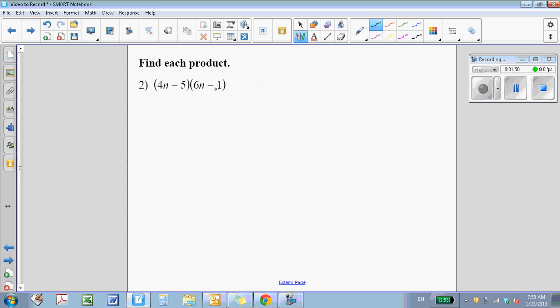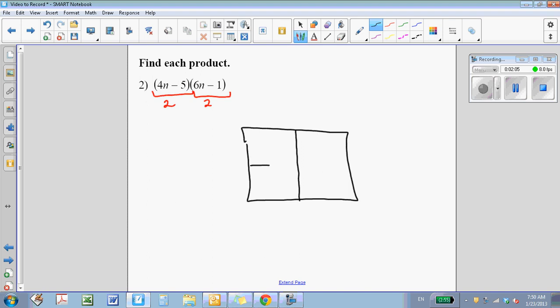Now here we have a binomial, because we have two terms here, that is multiplied by another binomial. So in this case, we need a rectangle that has two rows and two columns. So we have 4n minus 5 here, and then 6n minus 1 here.